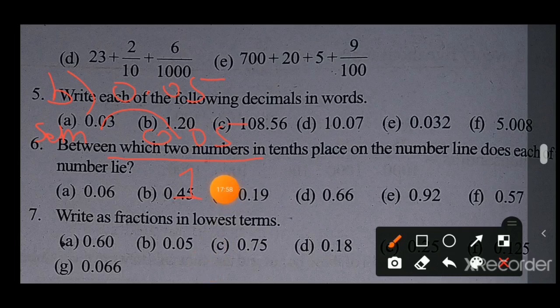So in the denominator we can write two zeros. Now it is in fraction form, it is 5 upon 100. After doing the cut short, 5 ones are 5 and 5 twos are 10, 5 zeros are 0. So the new fraction form or the lowest term is what? That is 1 upon 20. This is the solution for the B part.